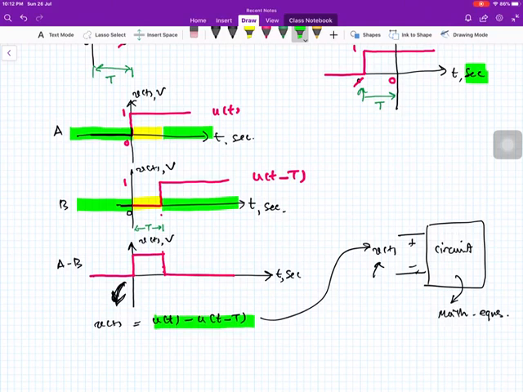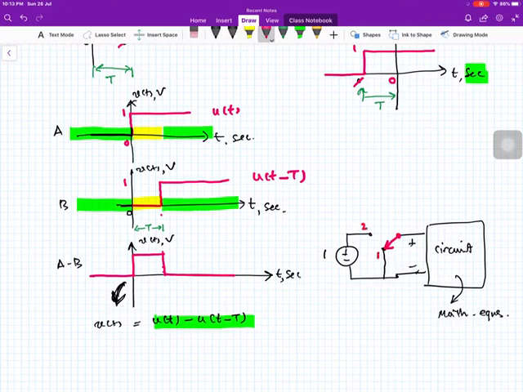If we show it graphically, it means that we have a voltage source, say of 1 volt, and there is a switch. The switch arm is shown over here. This is position 1, this is position 2.